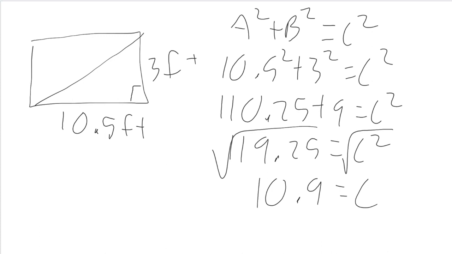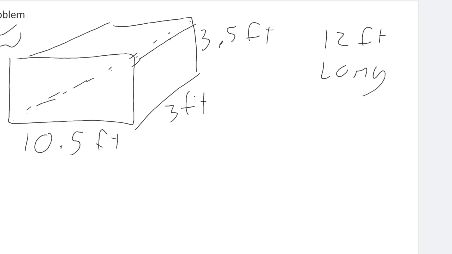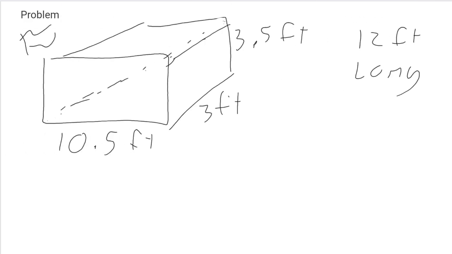So diagonally across the box, it's 10.9. So just the straight across portion of this box is 10.9. So laying flat down, my flagpole will not fit.